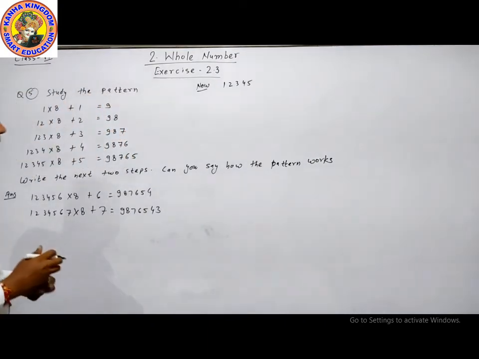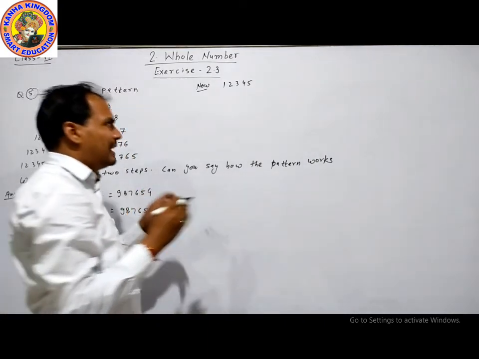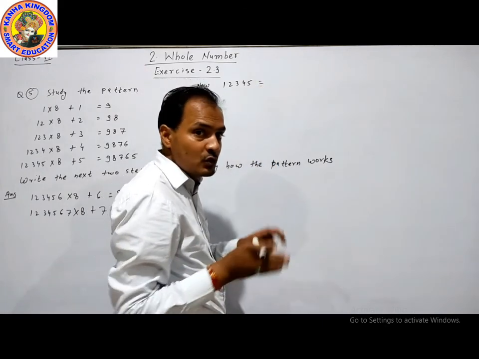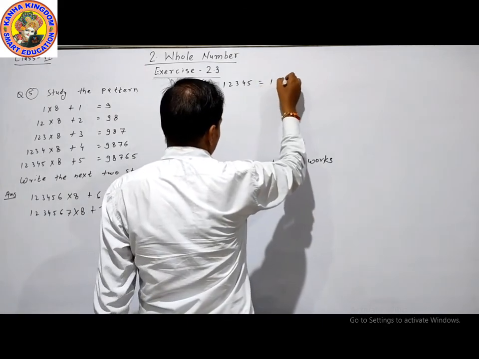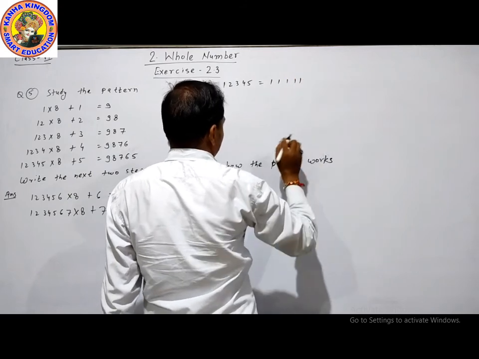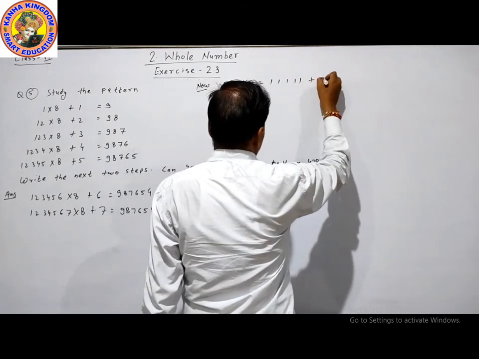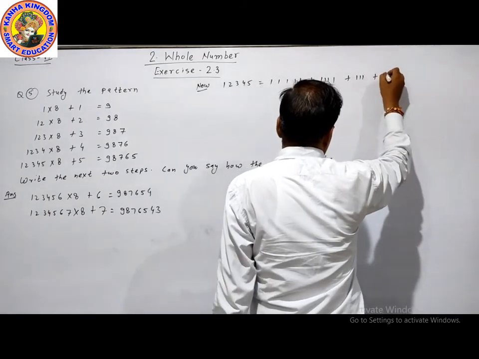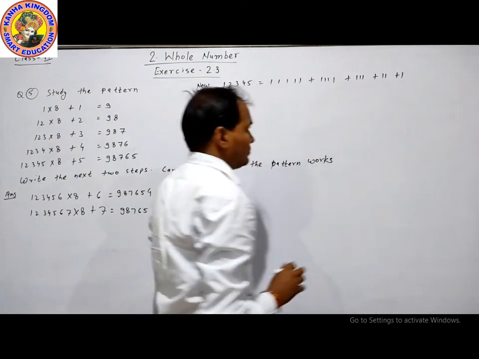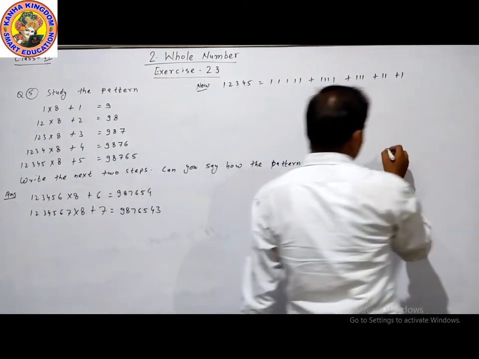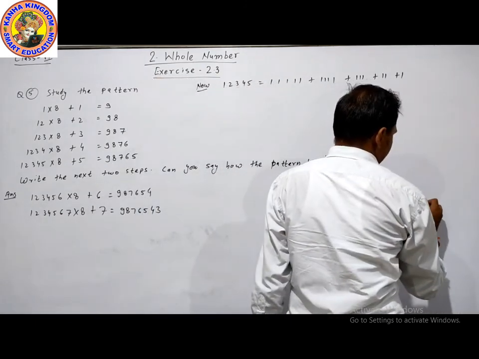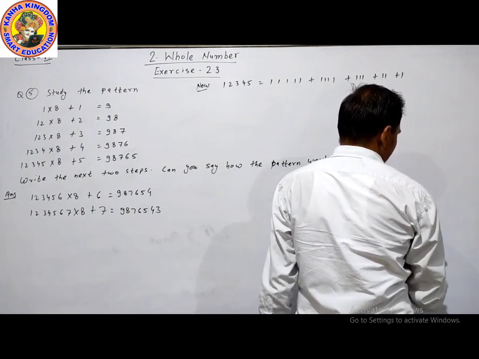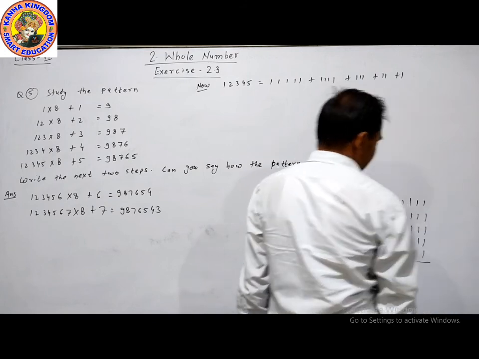Using distributive law, we will break this number in terms of not zeros, in terms of ones. 11111 plus 1111, 111, 11 and 1. If we add these numbers, 11111, 1111, triple 1, double 1 and 1.